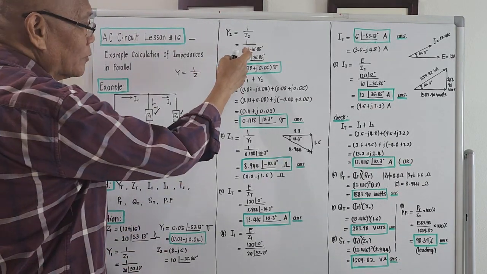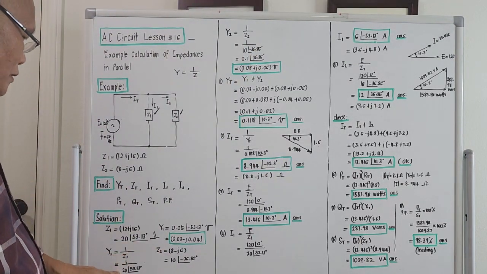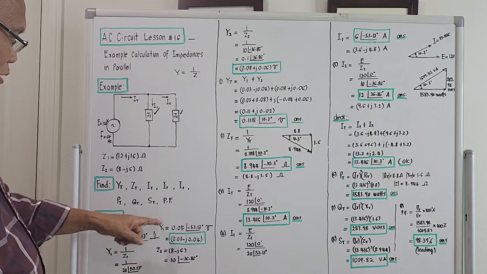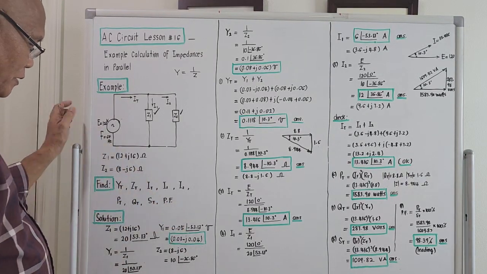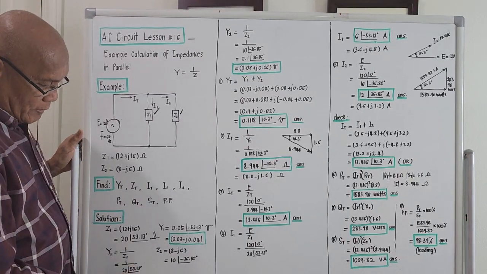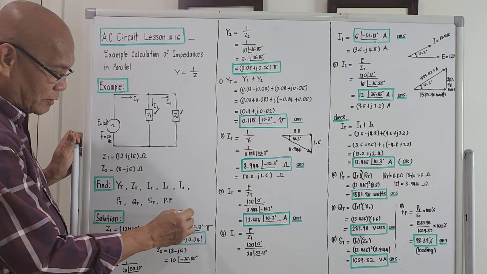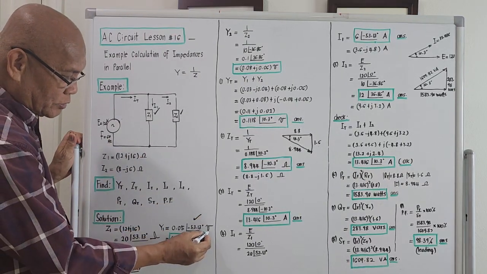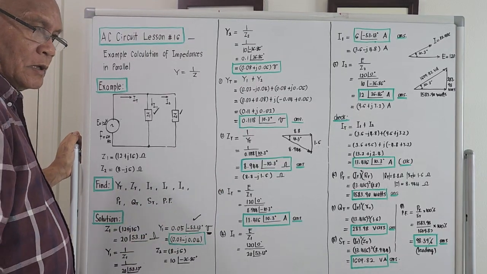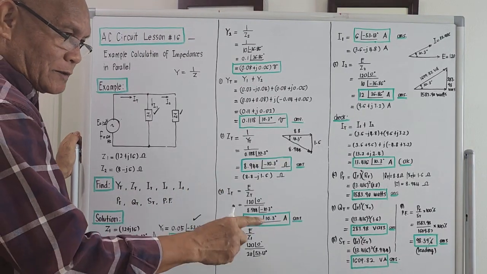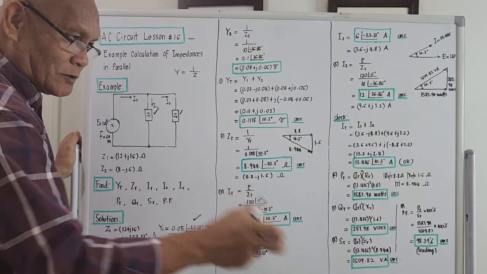The ratio 1 over 20 will be 0.05 and the angle is minus 53.13 degrees. We bring this up, so 0 minus 53.13 is a negative 53.13. The unit is mho. In terms of rectangular, because later on we will be adding Y1 and Y2, we will convert this Y1 now to rectangular immediately.